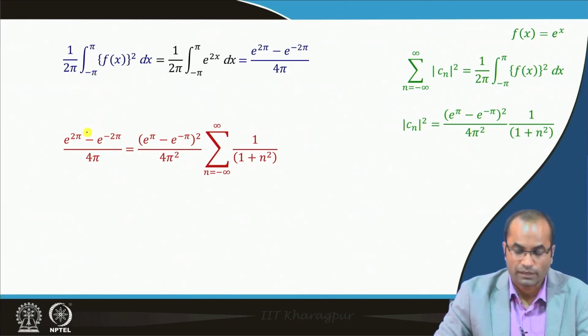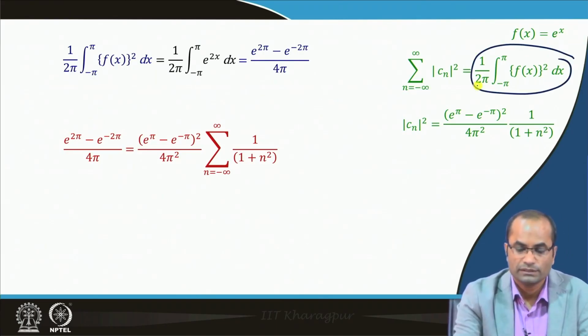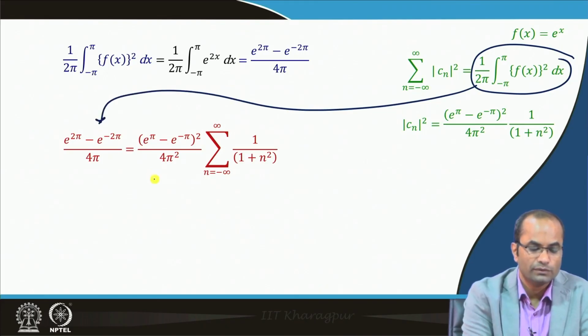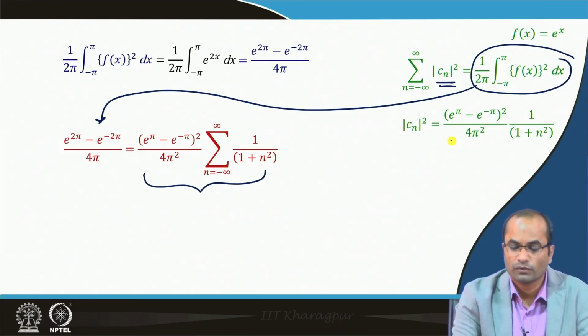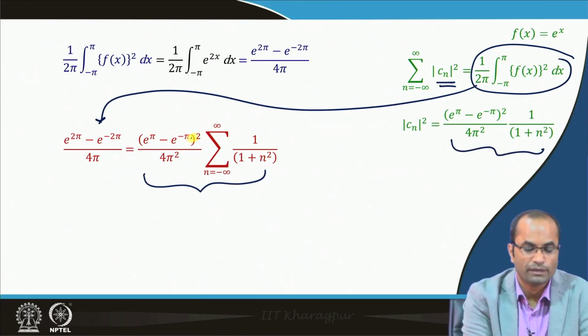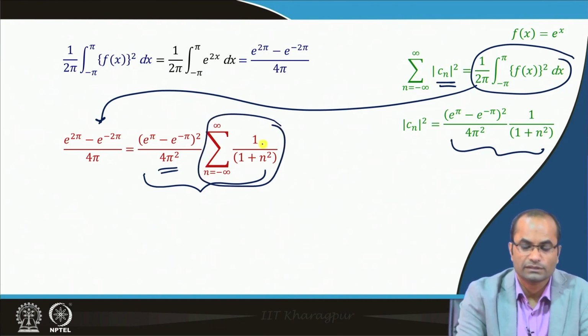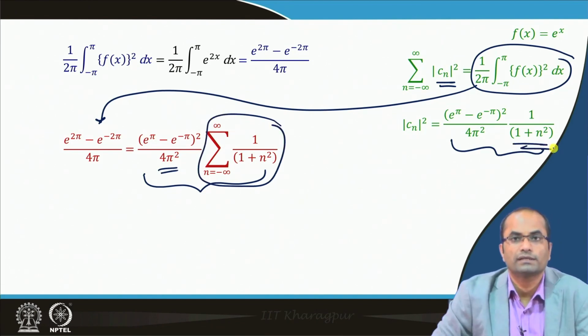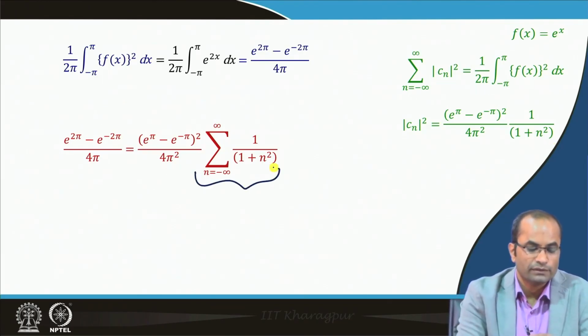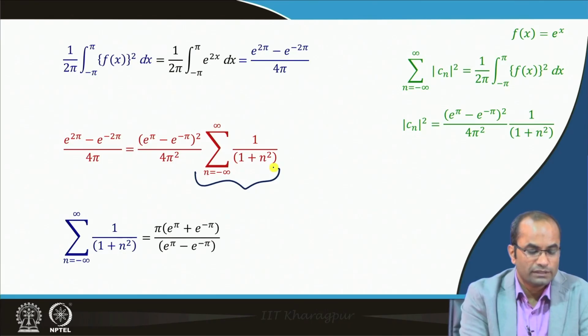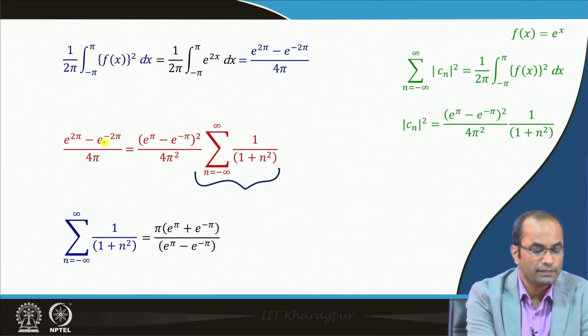So, on the integral side we have this value, and then we have |C_n|² already with us: (e^π − e^(−π))² over 4π², and then the summation is exactly over 1 over 1 + n², that is the desired value we want to compute. So that can now be given as follows.